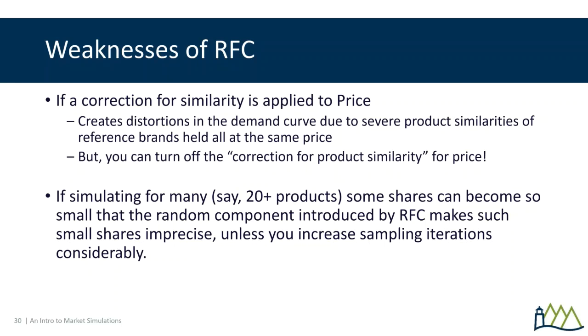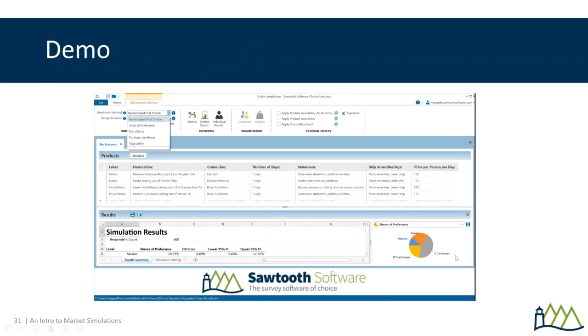On the other end, if you have a lot of products, sometimes you might end up with shares that are so small that you start wondering whether you're getting more error than signal in those. And so while randomized first choice is quite robust, you do want to use it with care and make sure that it really should apply in that situation. And the simulator actually does a good job of telling you this might not be the best time to use randomized first choice.